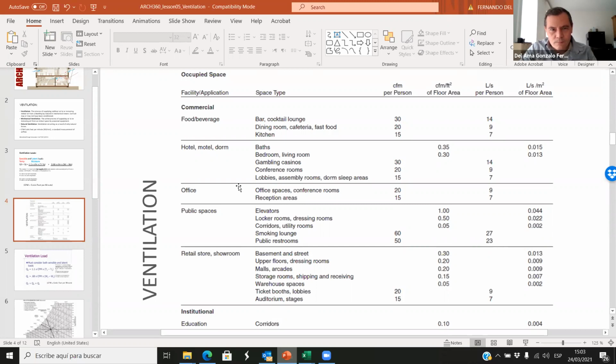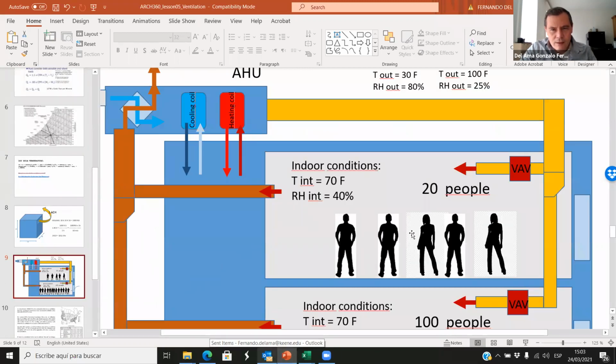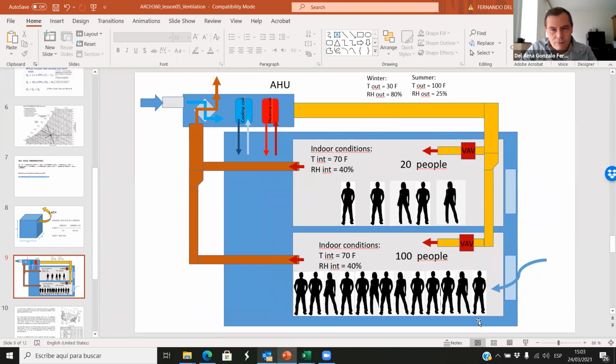It wasn't that low. You don't remember this exercise with 20 people? What was the CFM for this? If we had 20 people, what was the CFM for this space? Is it 20? 20, yes. 20, that's it, 20 or 20 times something?